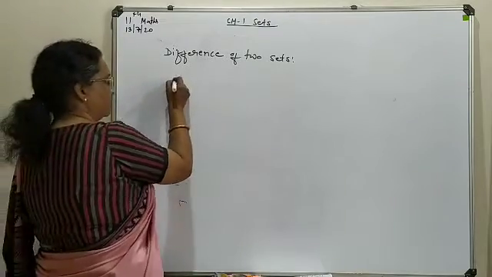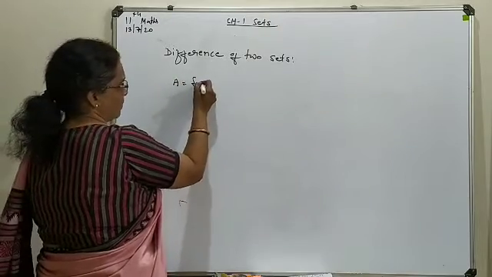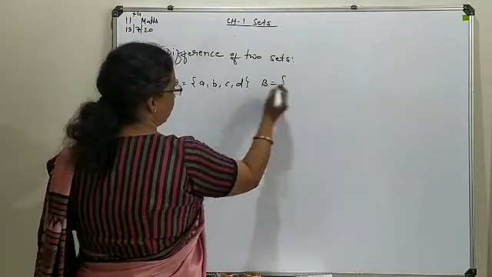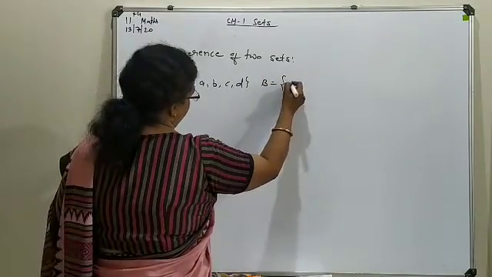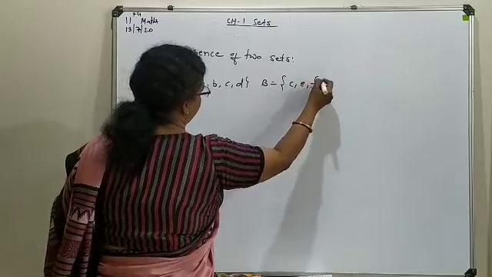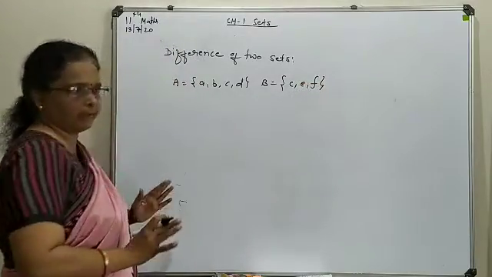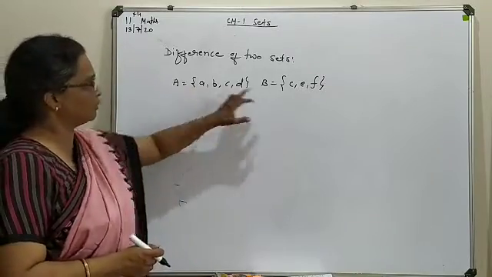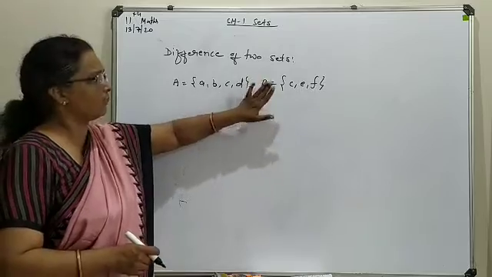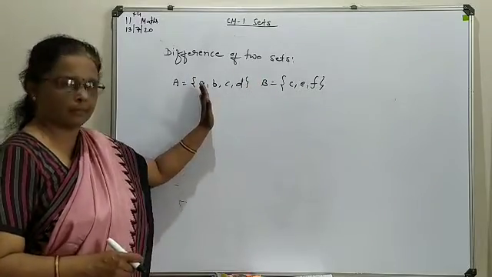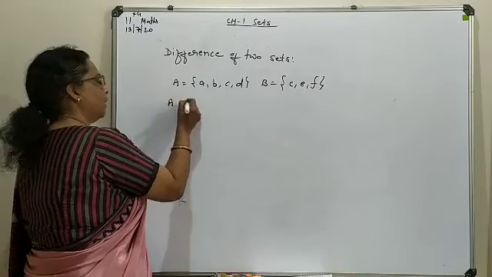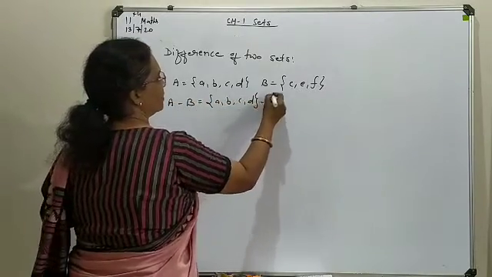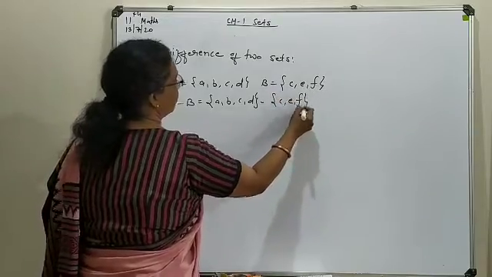Now here we are going to take two sets: A contains A, B, C and D, and B contains C, E and F. We are going to write A minus B and B minus A. First we write A minus B, meaning subtraction of set B from A. Formally, while writing the difference, you write {A, B, C, D} minus {C, E, F}.